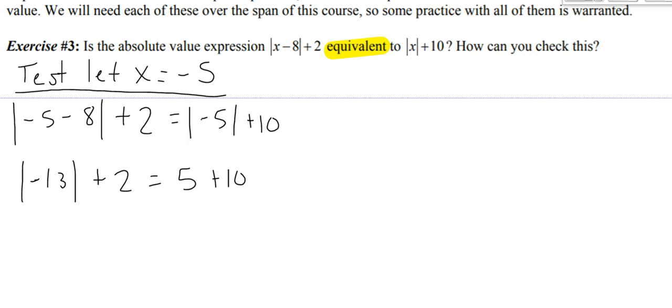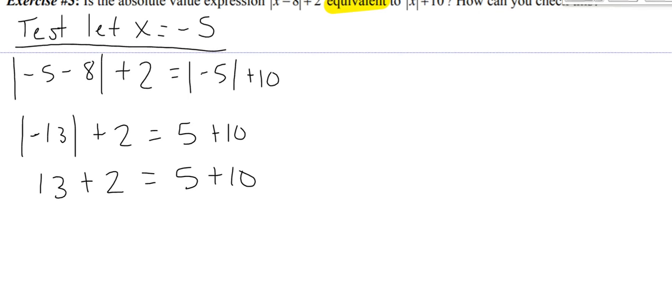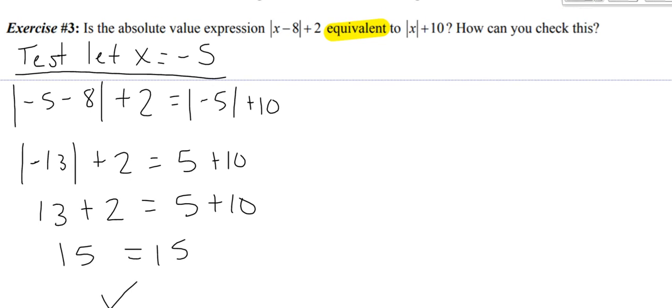The absolute value of -13 is positive 13 plus 2 equals 5 plus 10. Well, 13 plus 2 gives me 15, and 5 plus 10 gives me 15. So yeah, that worked. But every time you check values that deal with an absolute value, we also want to check another number just to verify that those two expressions are equal.